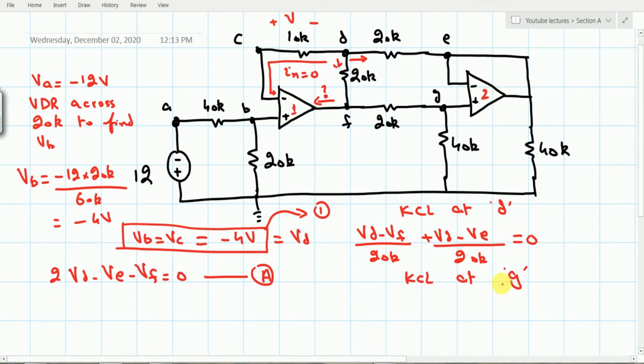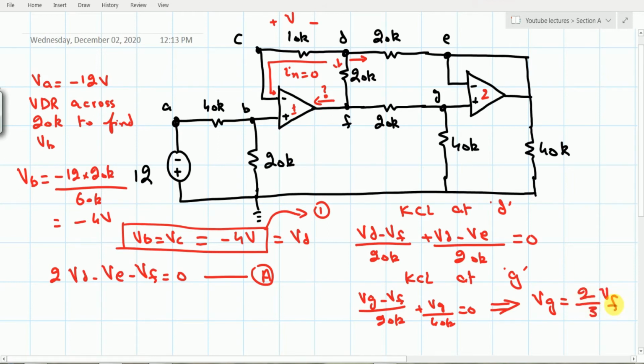So let us apply the KCL at node G. This gives me (VG minus VF) divided by 20k plus VG over 40k equal to 0. If I work through this, I come up with VG equal to 2 by 3 VF.